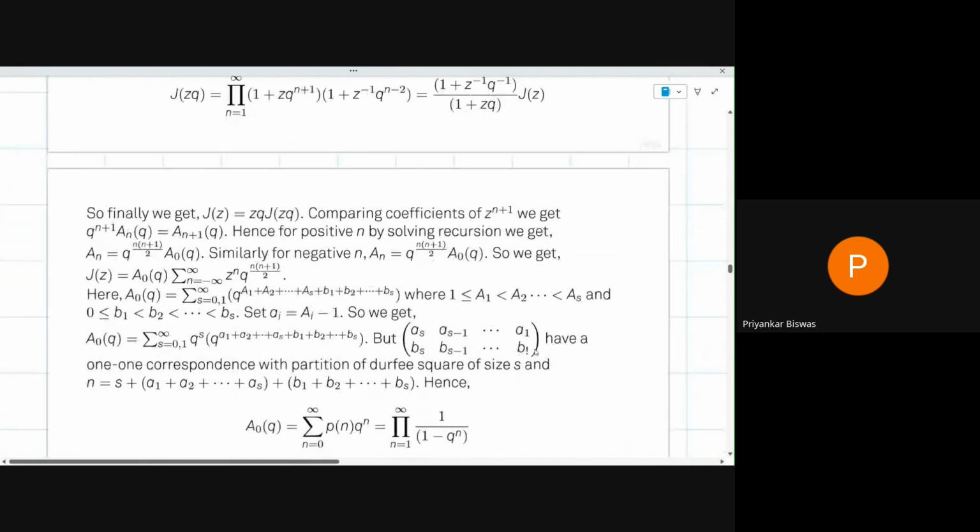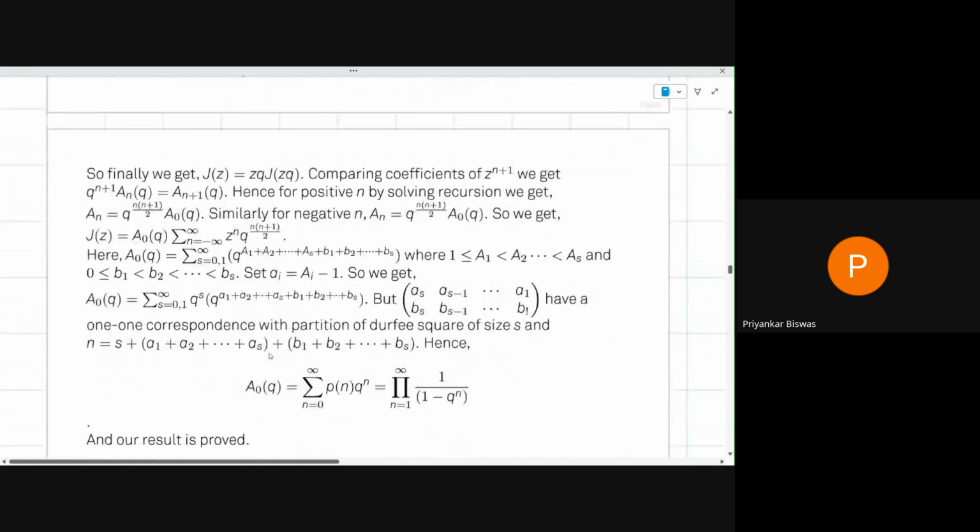And finally, you will understand that the sum over this is nothing but the partition generating function, because whenever you get the coefficient of q power capital N, you get the number of ways you can represent N as a sum of s plus the sum over ai's and bi's, where a1 is the largest and then in decreasing order, b1 is the largest and in decreasing order.